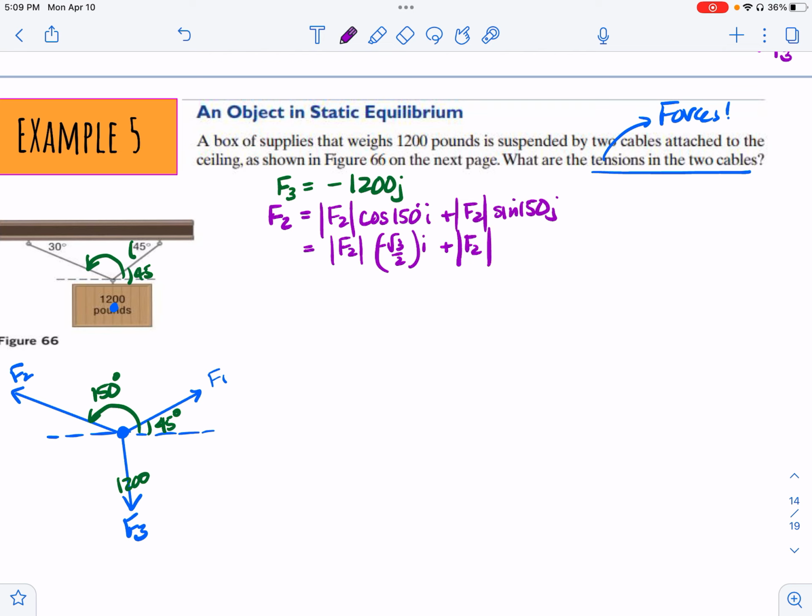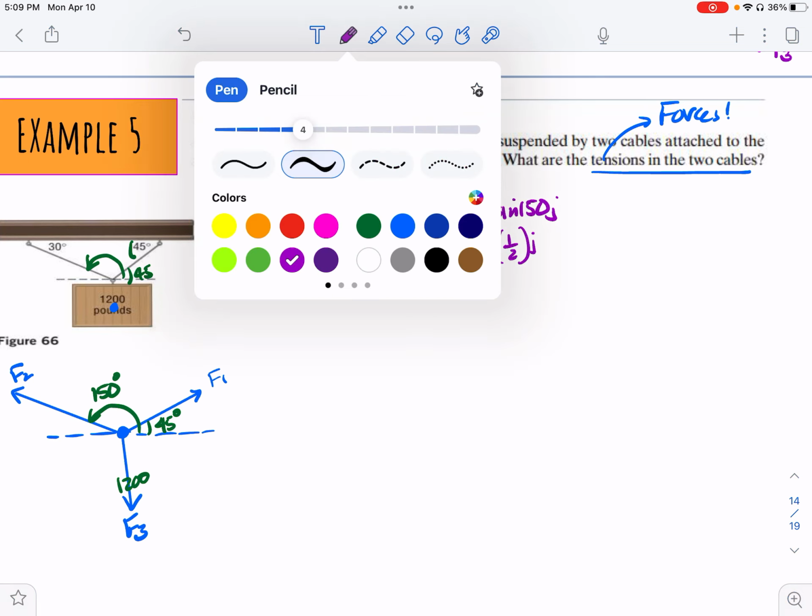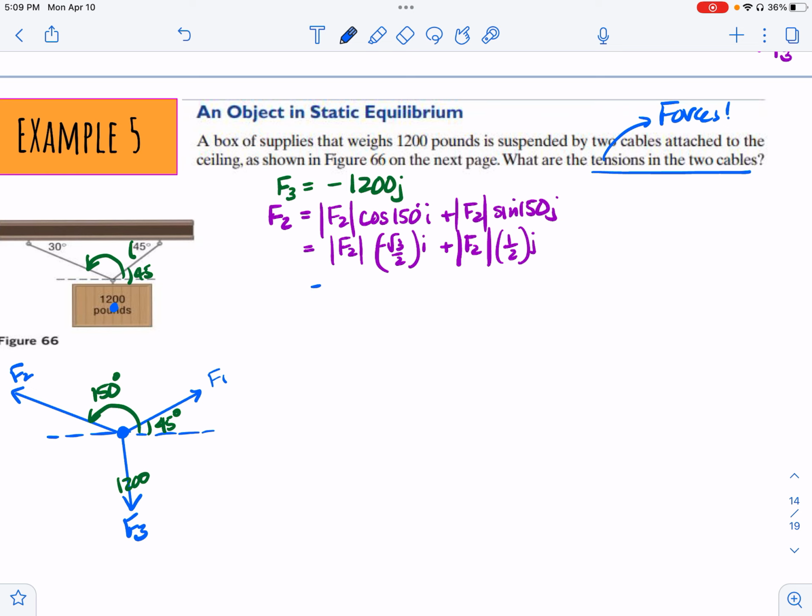Sine 150 is half, J with it. Let me rewrite it in a better format here. F2 will be negative root 3 over 2 F2 I, plus half F2 J. Just bring the constants before the unknowns, just like how we do in x and y's. So here's F2, here's F1, here's F2 written as a vector, in I and J.